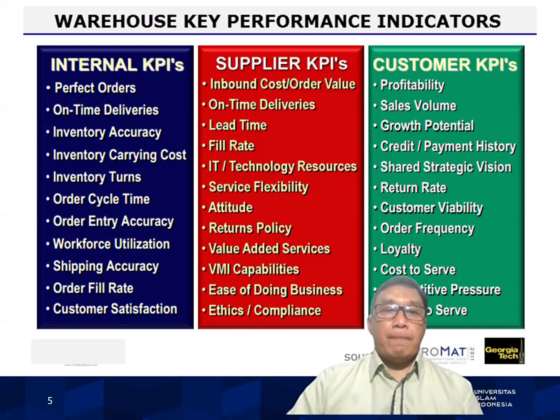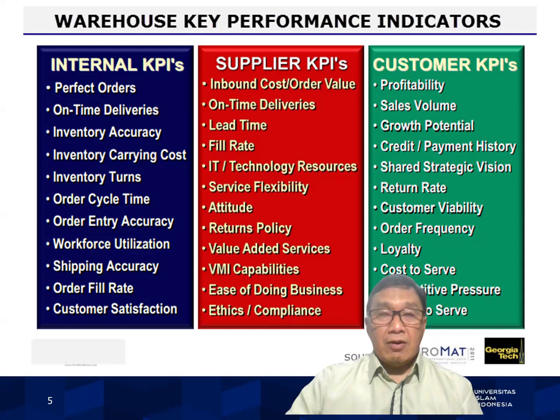In the internal warehouse KPIs, for example in the dark blue box, it can be the parameter of success for the warehouse itself. So if all the KPIs are well achieved, the warehouse manager can claim that they have run the warehouse well.